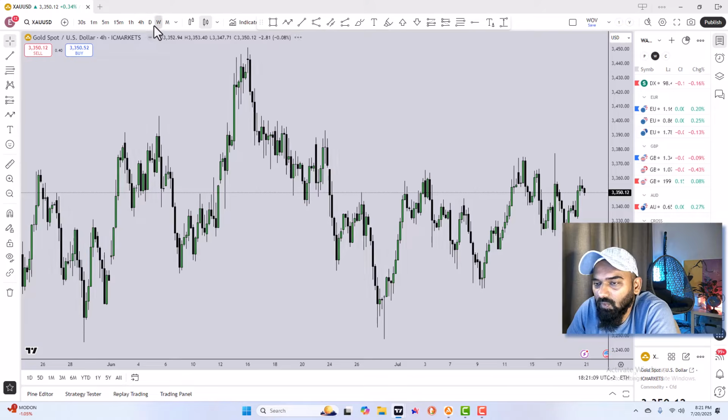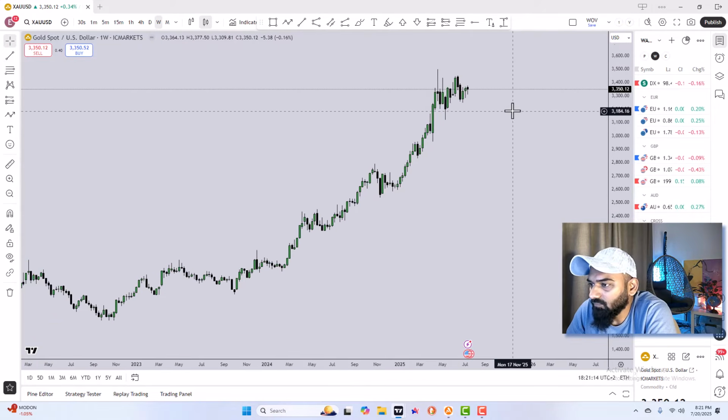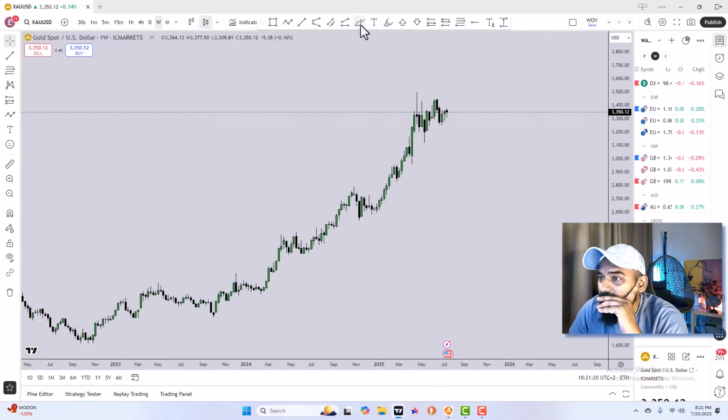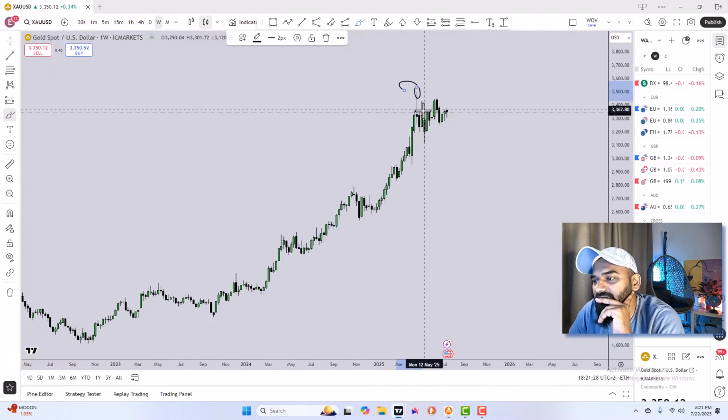Now let us talk about gold, and we will talk about gold with the weekly perspective chart. So after making all-time new high at around 3,500 levels, gold is still in a consolidation state on weekly chart.